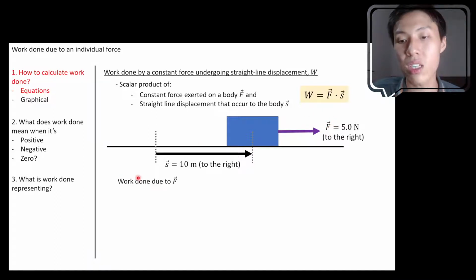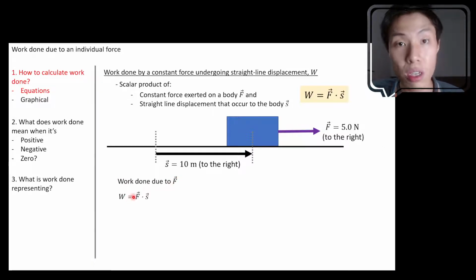If you want to find the work done due to this force, you just use the formula that we discussed earlier. You take the force and conduct a dot product with the displacement that occurs. F dot S here is a dot product, so we have to relate back to what we learned in chapter 1. We learned that for a dot product, if it's A dot B, then it equals AB cos theta.